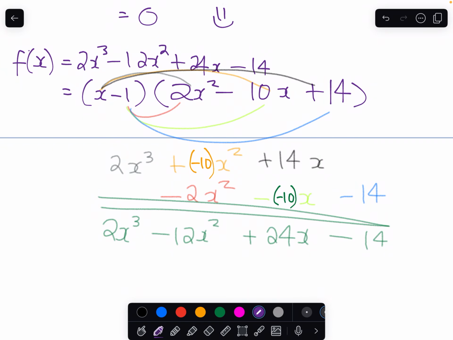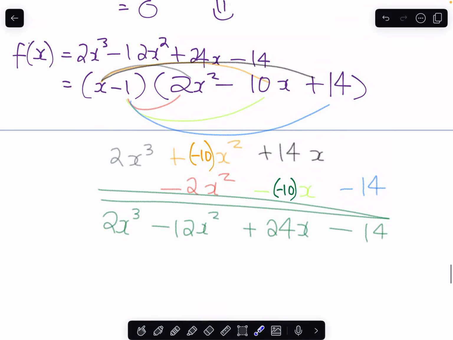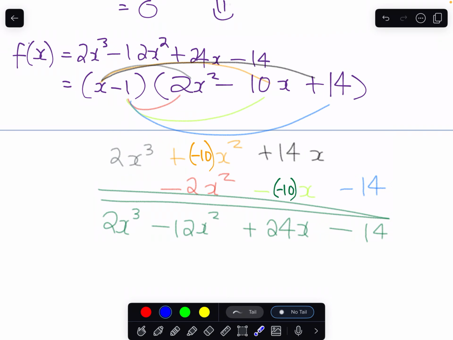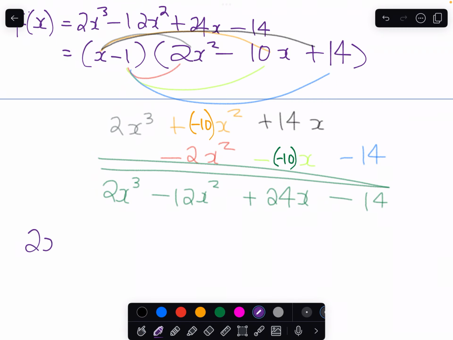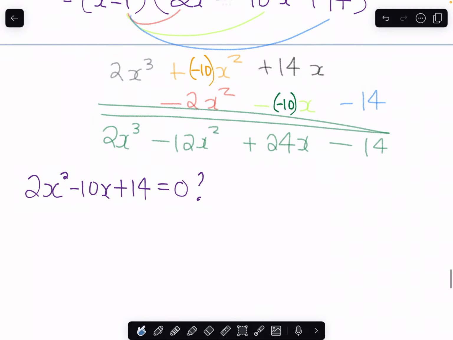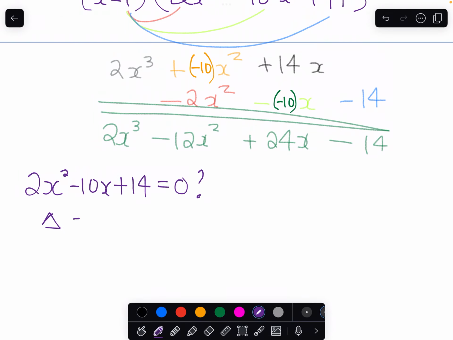Not that we needed all of that. We could just double check that we only get one x-intercept here. So we can check for what values of x will 2x squared minus 10x plus 14 equal 0. We can check the discriminant really quickly, because we already suspect that there aren't any real roots to this equation.